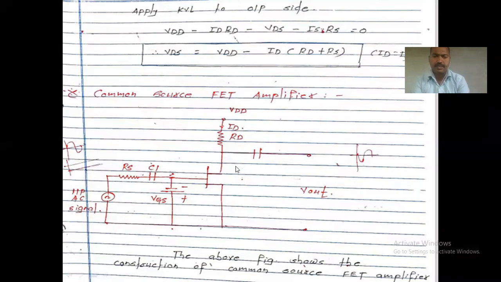I'm telling you the reason behind it. Now we are applying the KVL at the output side. Output side indicates this side. So plus VDD minus ID into RD minus the drain to source voltage, minus VDS, right? So your equation is plus VDD minus ID into RD minus VDS.